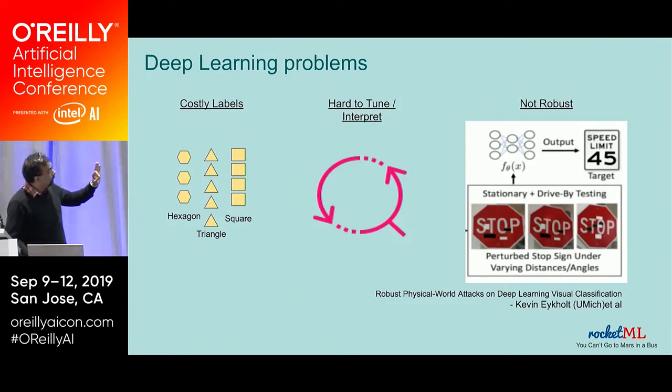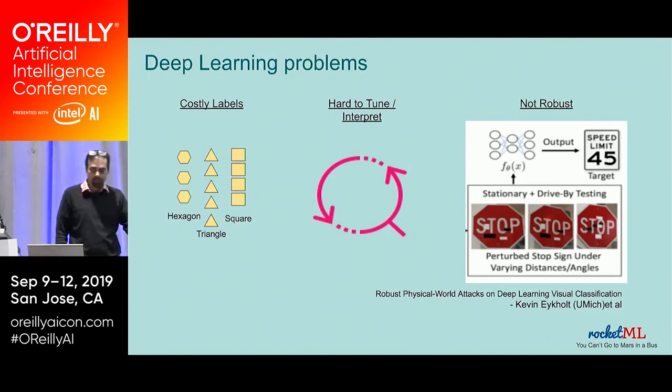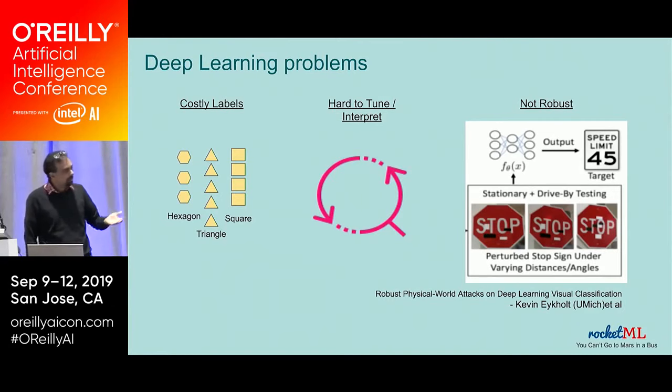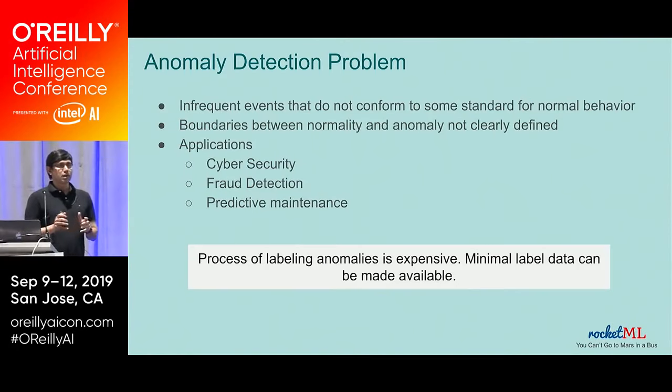The best example of fully supervised learning is deep learning. There are other ways too, but deep learning is the most popular one. And the problem there is, again, conforming to a notion of normal. The challenge is to find the boundaries between what is normal and what is an anomaly.